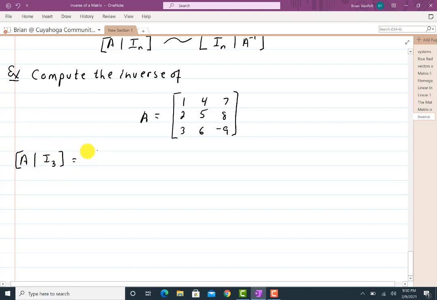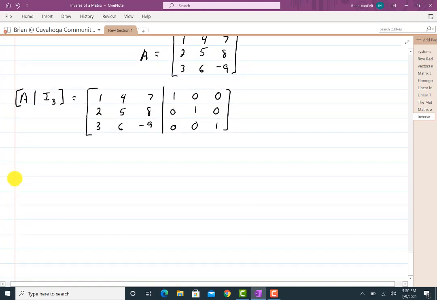So let's go ahead and do that. And on the other side, I'm going to go ahead and put my 3 by 3 identity. Now what I'm going to do is use row operations until the left side becomes the identity. Just like you're solving a system of equations, no different. I'll talk about it later, but you're actually solving 3 systems of equations all at one time doing this method.